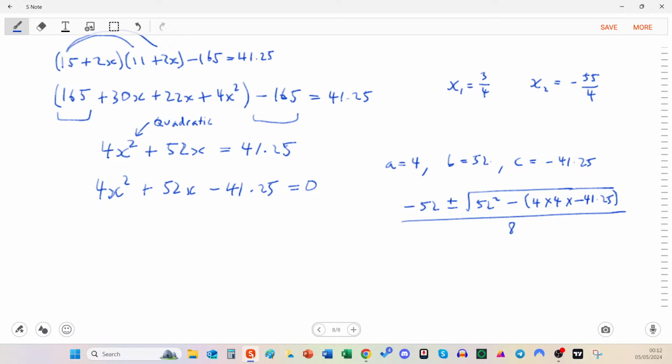I'm going to go to my calculation mode on a calculator and type in 52 squared, take away, open bracket, 4 times 41.25, close bracket. So we're getting there. We're slowly honing in on this, even though I wouldn't like to do this in my head.